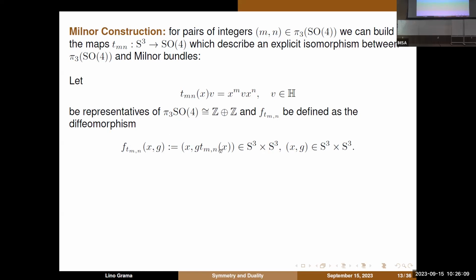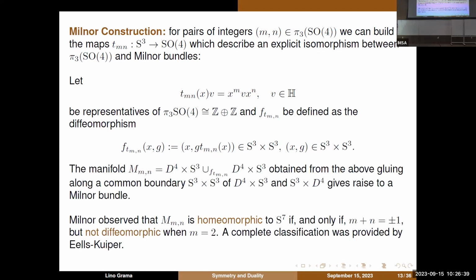We look at these functions because we have two disks, and we glue along the boundary S3 by this function. This is exactly how the Milnor construction works. You pick two disks and glue them, but the gluing is given by some tricky function.